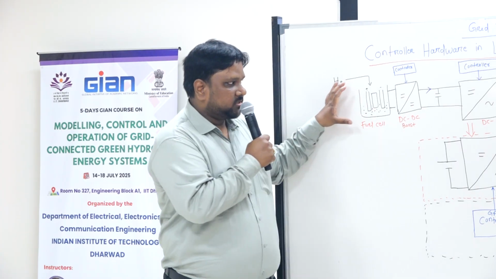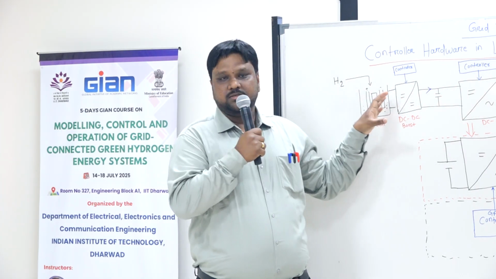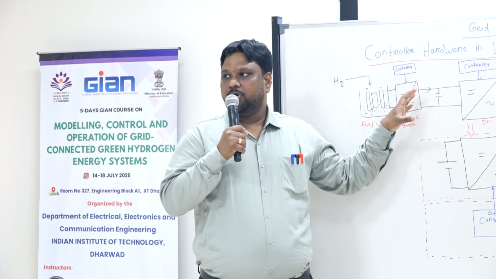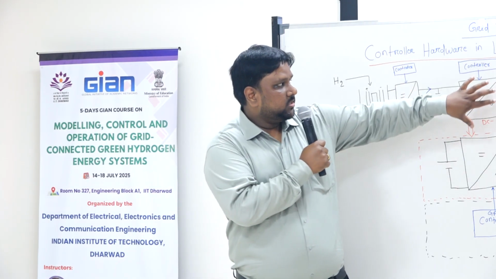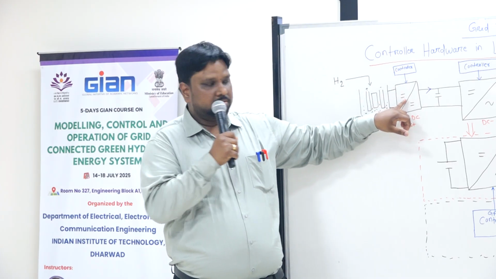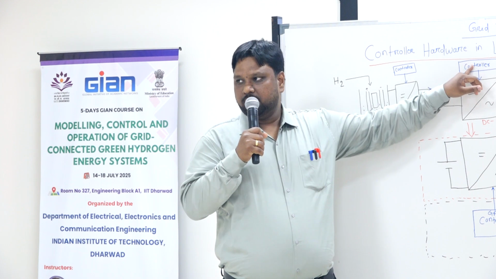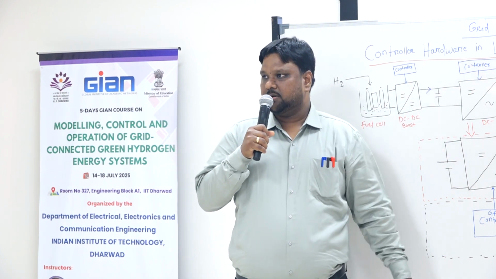So this total schematic is an application, a grid integration of a grid forming fuel cell. So if you see, there is one controller for this power electronics, one controller for this, and grid forming has to be implemented here because this part is connected to the grid.